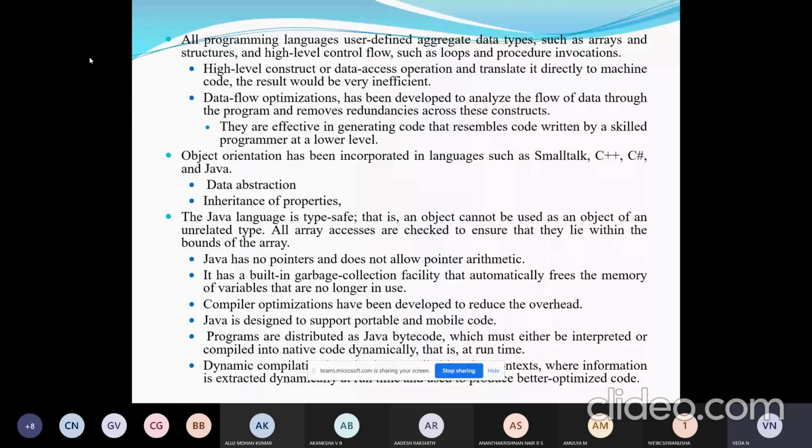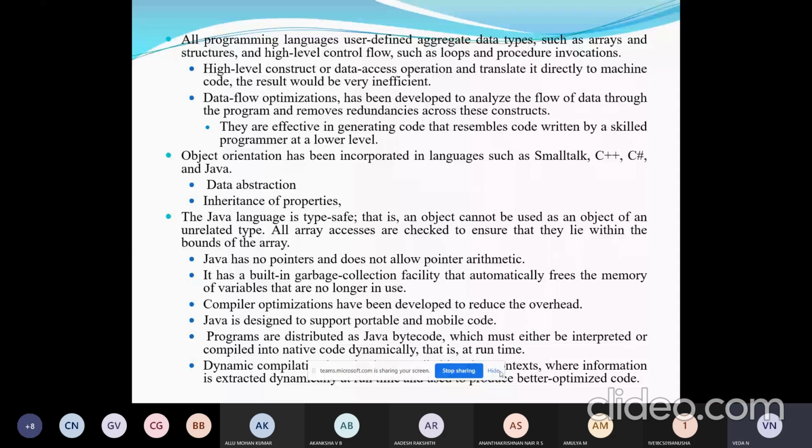Other than these, there are a lot of other features, maybe data abstraction, inheritance of properties, polymorphism. There are many features, and as a compiler for that particular object-oriented language, it has to take care of a lot. Coming to the Java language in particular.